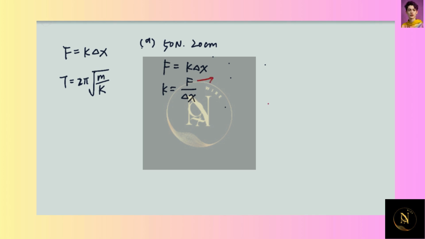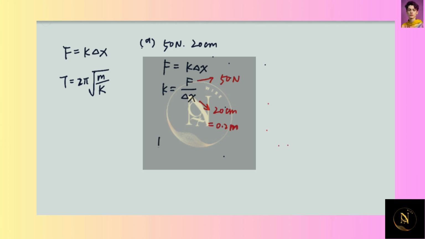And it's easy to tell that we have both of the variables in number here. F equals 50 Newton and delta x equals 20 centimeters. But be careful here that the unit of delta x needs to be in meter. So we need to convert 20 centimeters into 0.2 meters.